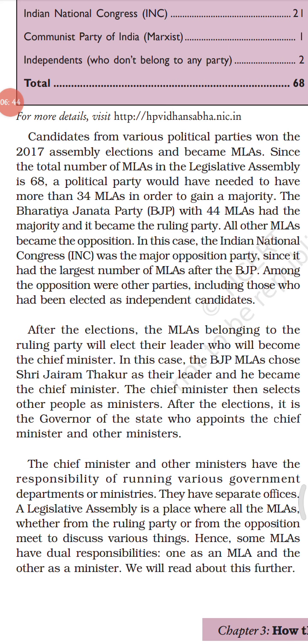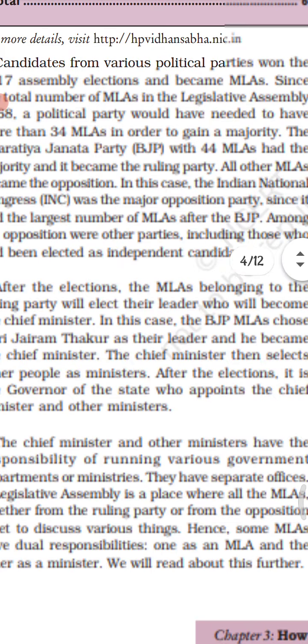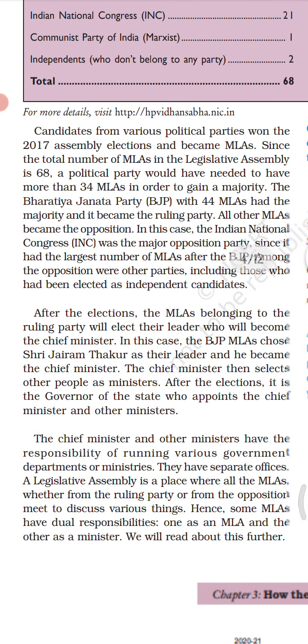Here we discussed that the Congress party was the second largest party, and there were some independent candidates also. See the next para. After the elections, the MLAs belonging to the ruling party will elect their leader, who will become the chief minister.